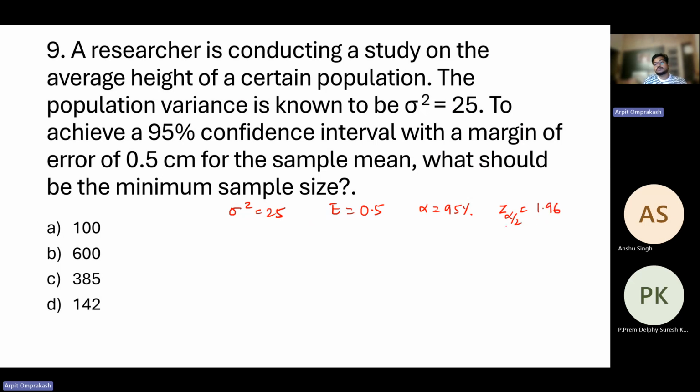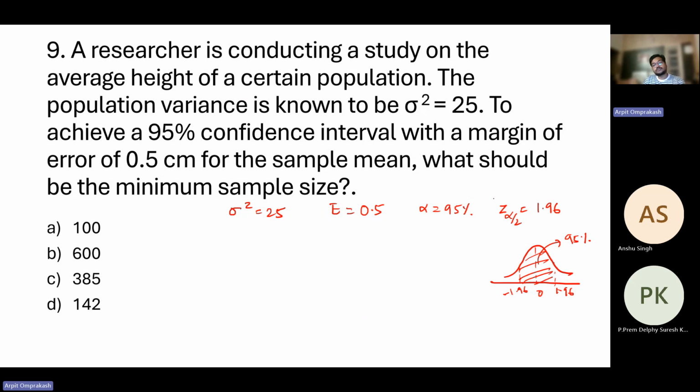This is because if you have a standard normal distribution with a mean of 0, between minus 1.96 and 1.96 standard deviations you have 95% of the data. So the critical z value for this confidence interval is 1.96.